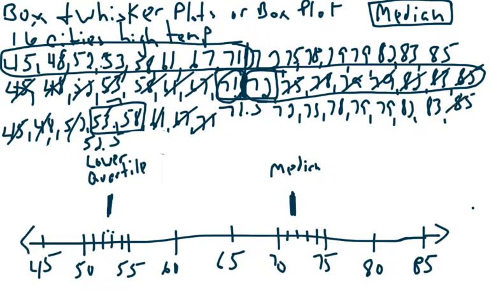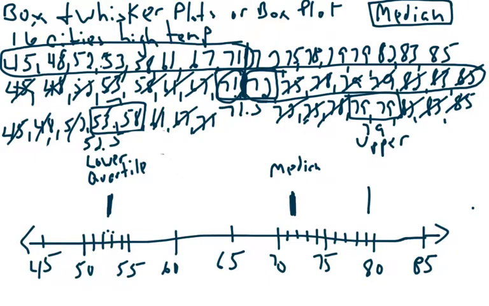Well, when I do that, one from that side, one from there, one from here, one from here, so I do 3 of them, I'm left with 2. This one's a little easier because the middle of 79 and 79 is 79. So I go down to the bottom to my number line, 76, 77, 78, 79. I mark it. And this is called my upper quartile.